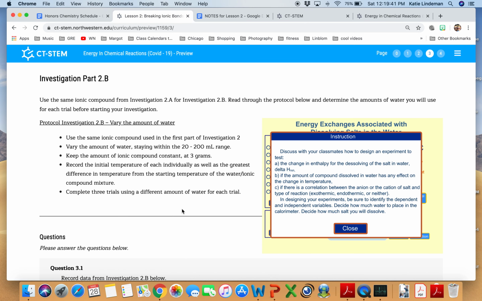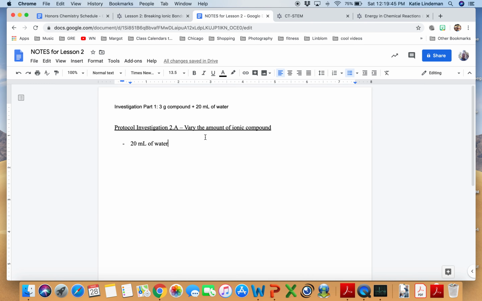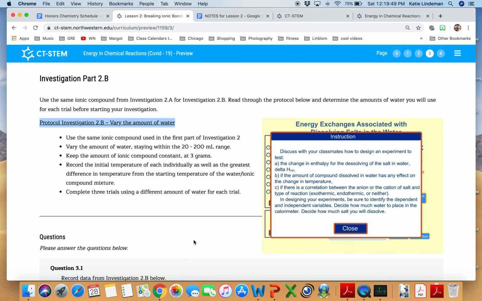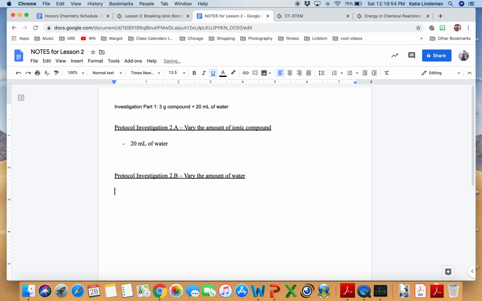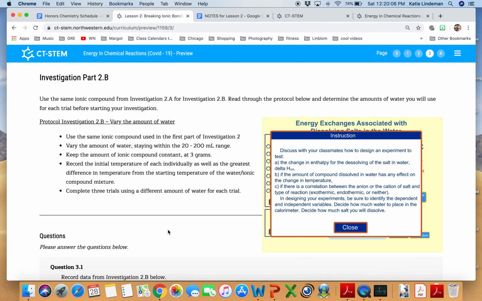Okay, investigation 2B, we are varying the amount of water. Again, I'm just making a note of that. We are keeping the compound at 3 grams, and we're varying the amount of water.